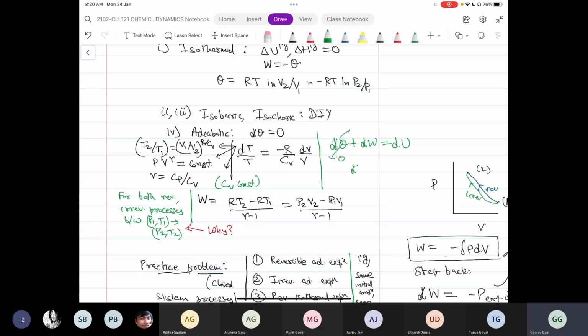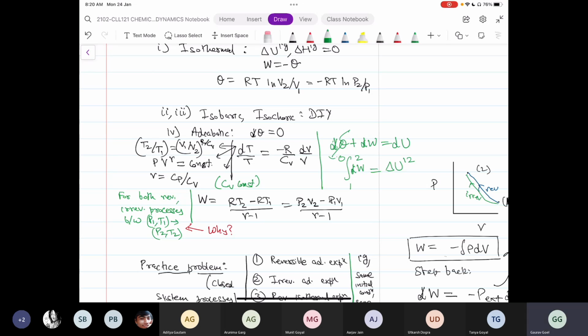And therefore, what I get is that the work on change of state from 1 to 2 in this special case is simply the change in internal energy in going from state 1 to state 2. And because internal energy is a state function, state 1 and 2 are the same in two different processes. Therefore, without calculation, I could have said that the work done in adiabatic reversible would be equal to adiabatic irreversible if I go from state 1 to state 2.